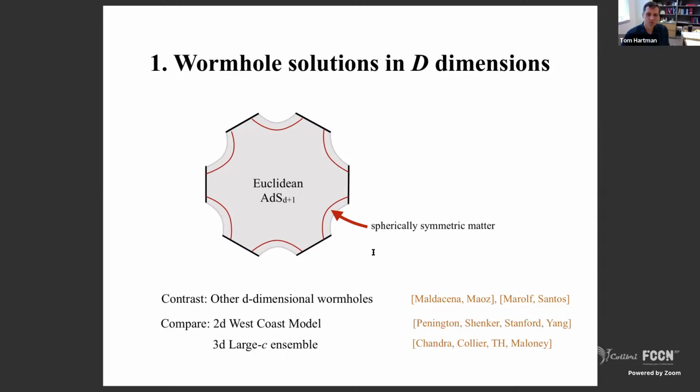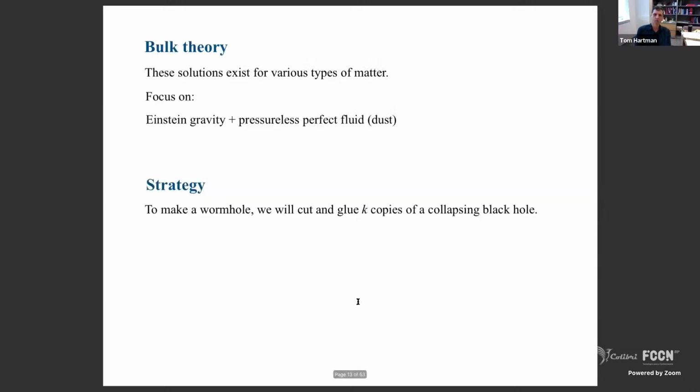The wormholes I am talking about are more like some examples that have been discussed in lower dimensions, like this 2D West Coast model, which is a model of JT gravity plus matter, or in this 3D model that I'll discuss later. So I'm going to describe how these spherically symmetric wormholes are constructed.